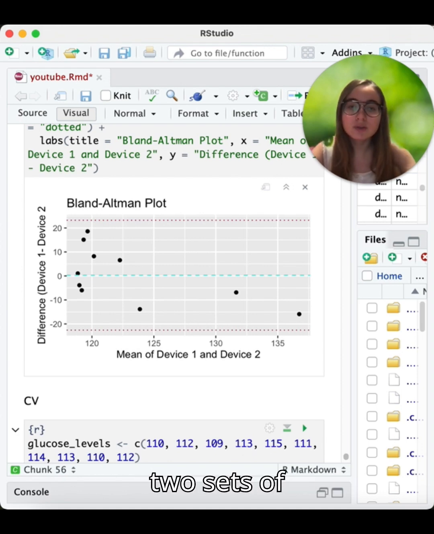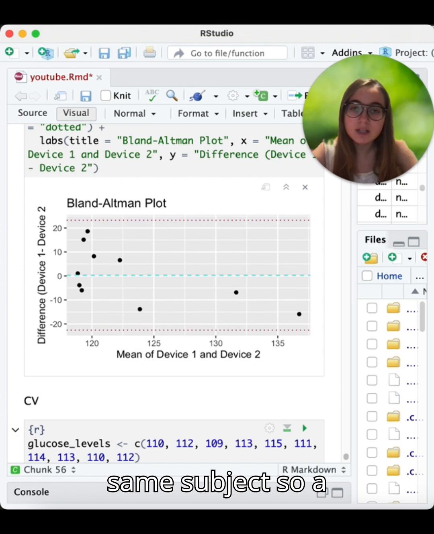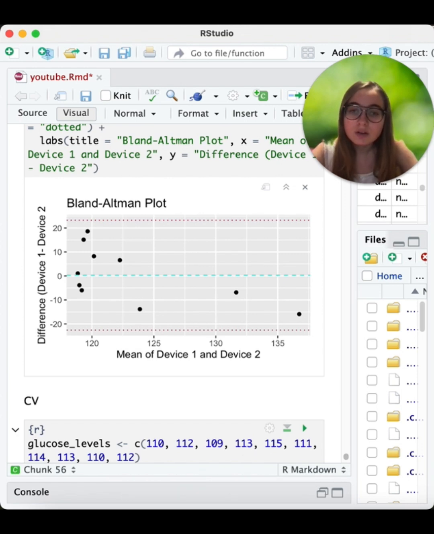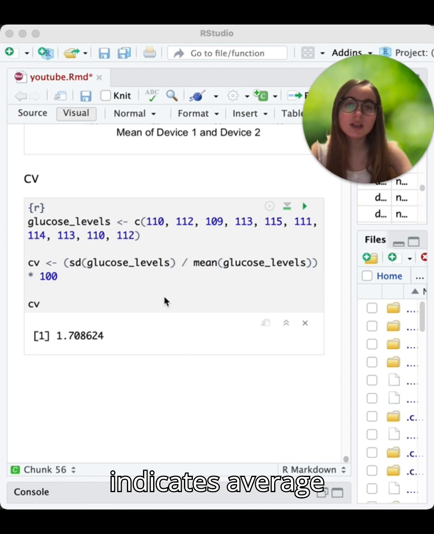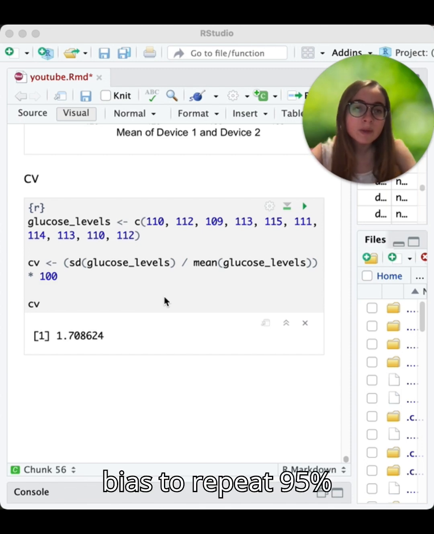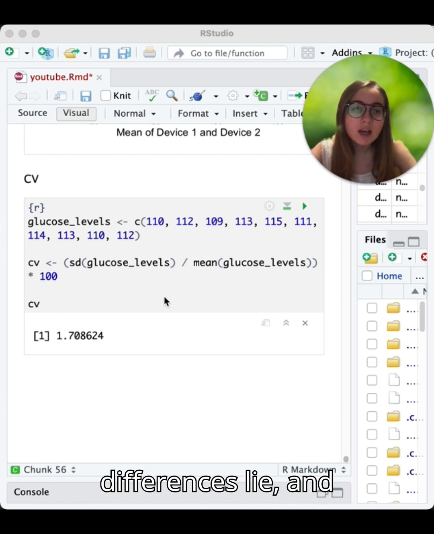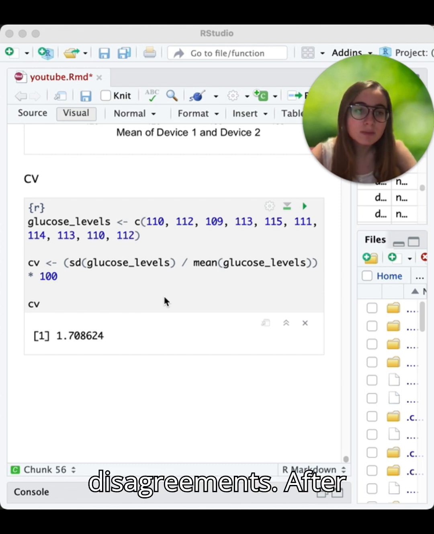For this we need two sets of measurements from the same subject, so paired data. And then the mean difference line indicates average bias. To repeat, 95% limits of agreement show the range within which most differences lie, and outliers indicate potential disagreements.